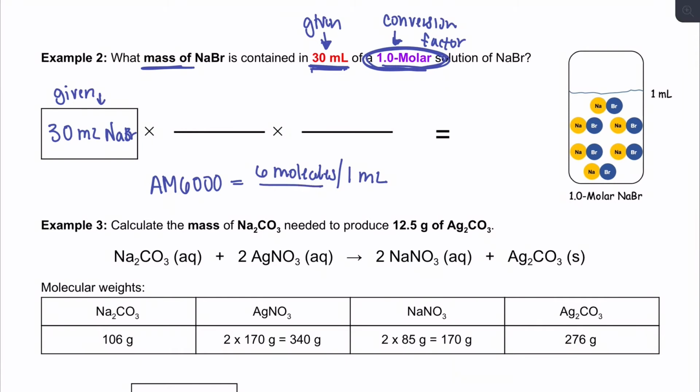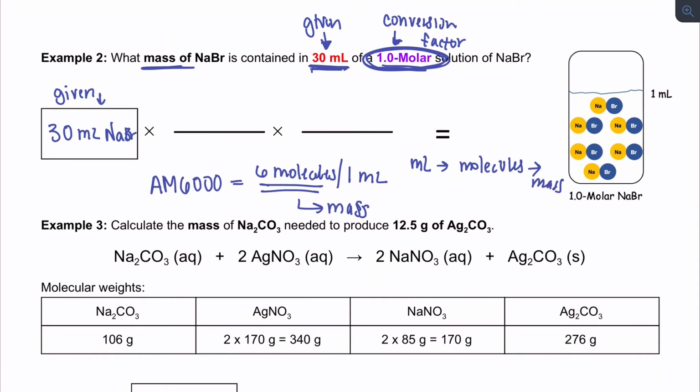And in going to our 6 molecules, we know the molecular weight of sodium bromide, so we can directly go from molecules to mass. So that is our process here. We're going from volume to molecules to mass.